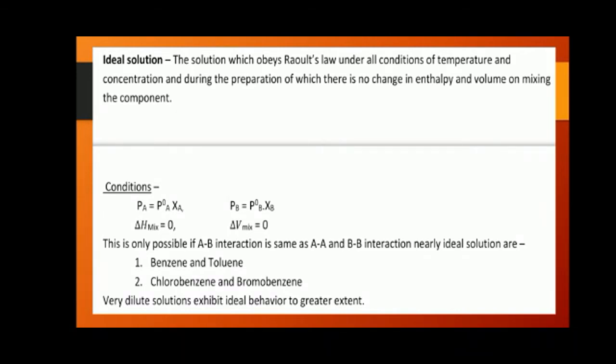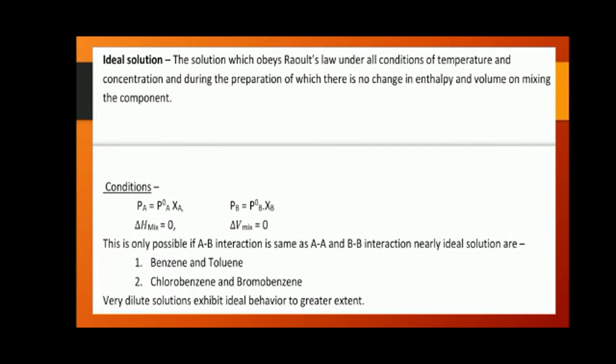That means Pa is equal to P0A into XA and Pb is equal to P0B multiply XB, where del H mixing is equal to 0, means enthalpy of mixing will be 0. Same, volume of mixing must be 0.